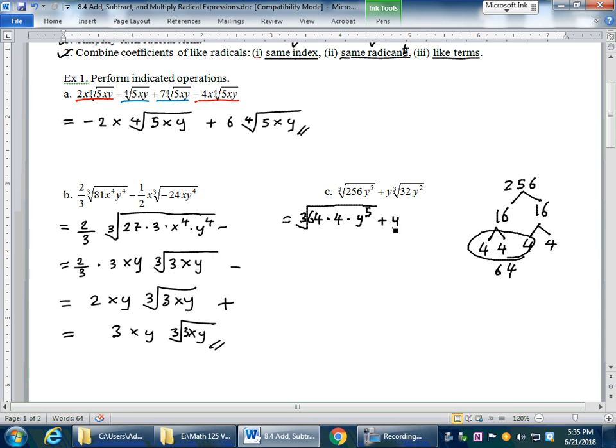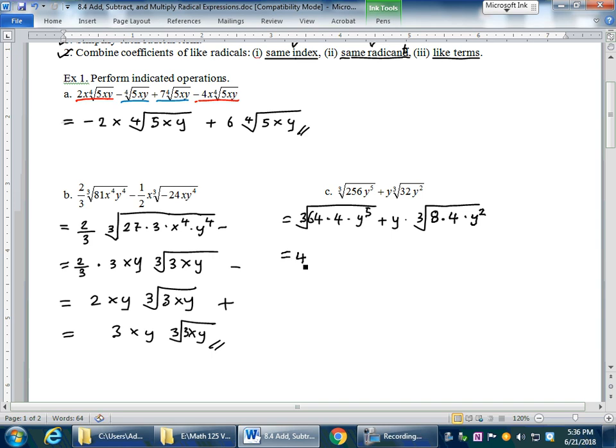plus y times cube root of 32. And we know that 32 has a perfect cube factor, which is 8 times 4. 8 is a perfect cube factor times y to the 2nd power. Now, simplifying each term, continuing using the product property, cube root of 64 is 4.